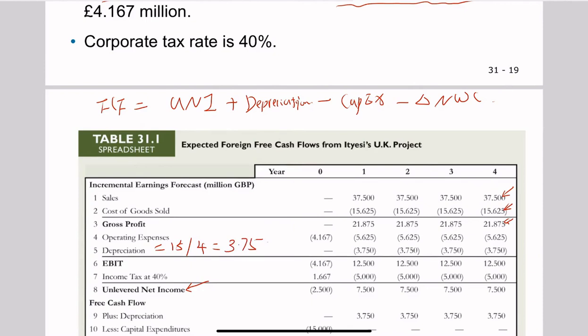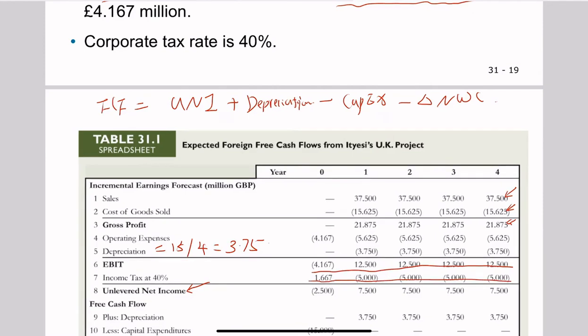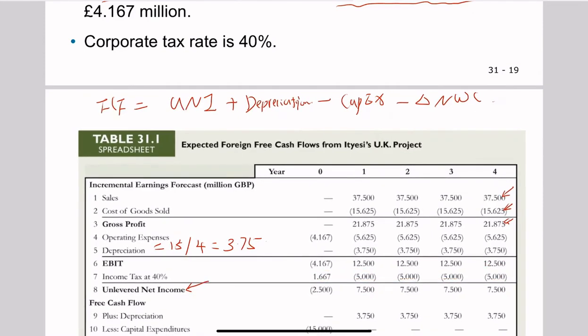And then after getting these numbers, we can find out EBIT. And then we can calculate the income tax. So what you see here is essentially the first year, because the EBIT is negative, so there is a tax shield from this negative EBIT.